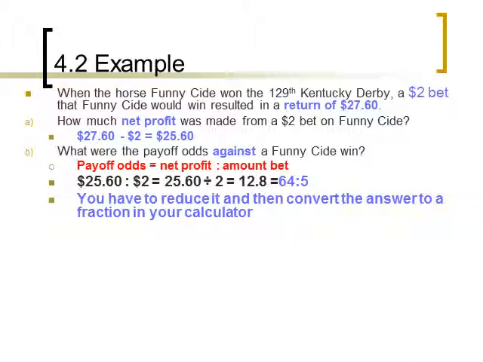Now the problem with 12.8 is that it is a single decimal and it's not a fraction. So most of these calculators, and the ones that I recommend that you use, do have fraction conversion buttons.